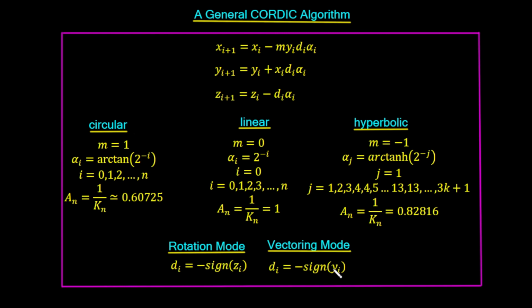Whenever y_i was greater than 0, we had to subtract off an angle. So the value for our d_i would have to be the negative of the sign of y_i. So this is our general CORDIC algorithm that we can use in order to generate all of the functions that we've seen so far in this course.